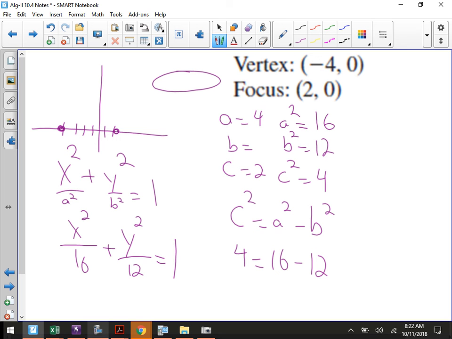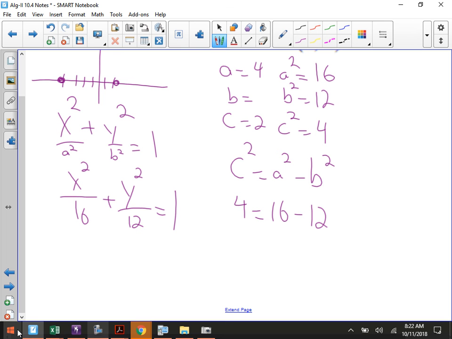You don't need to, but the reason that I do is because when we shift them, it'll make it easier. You know that it's left to right or up and down. Wherever a squared is, the a squared value is always the larger of the two numbers. See how 16 is bigger than 12?